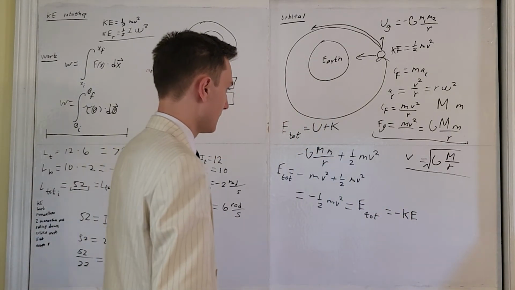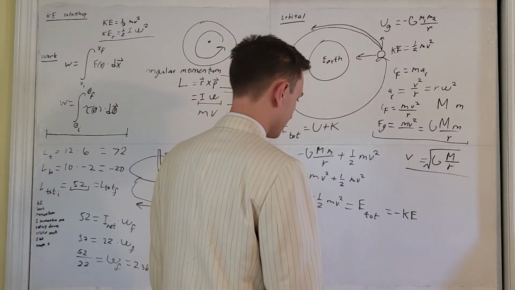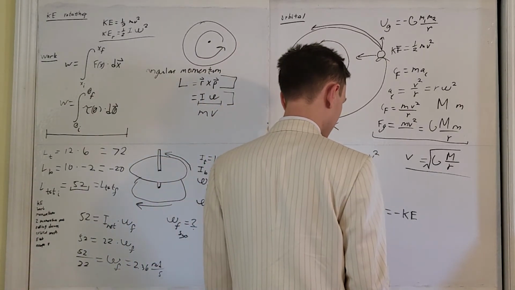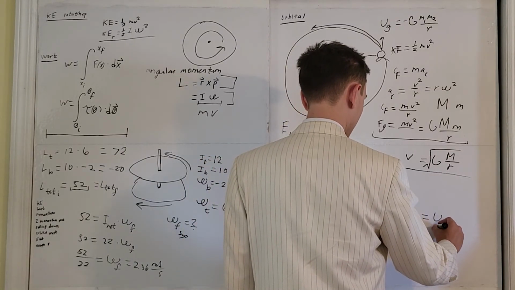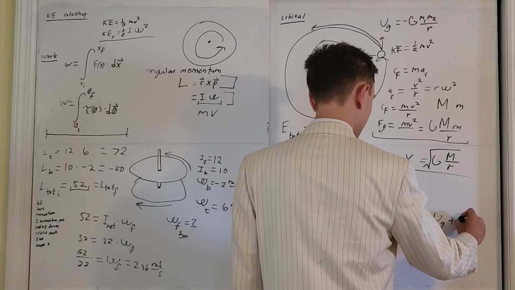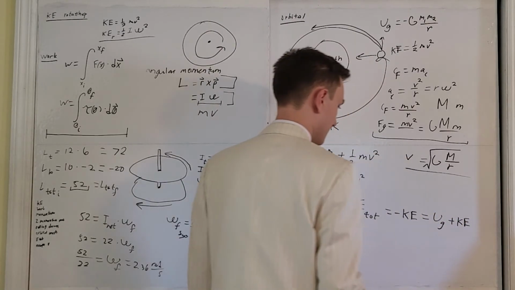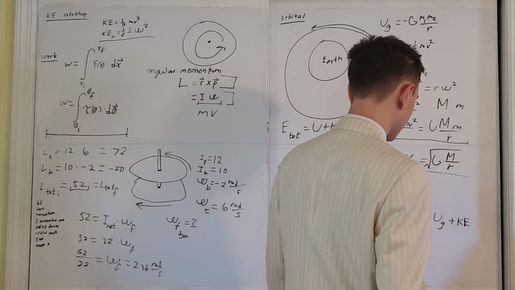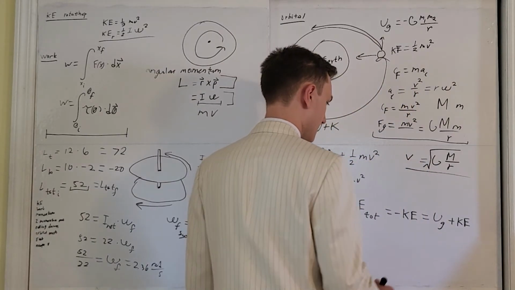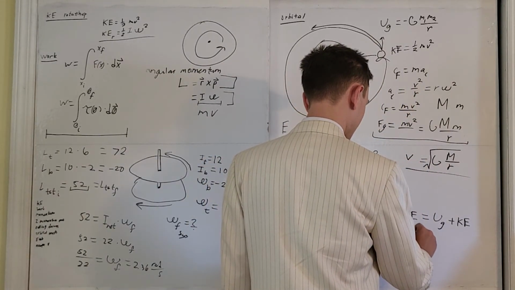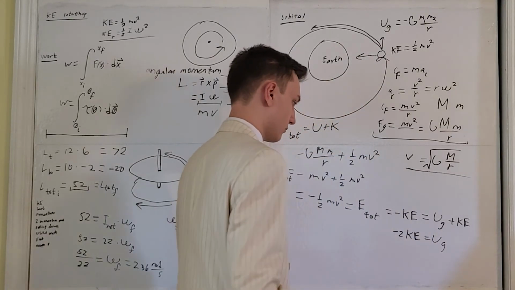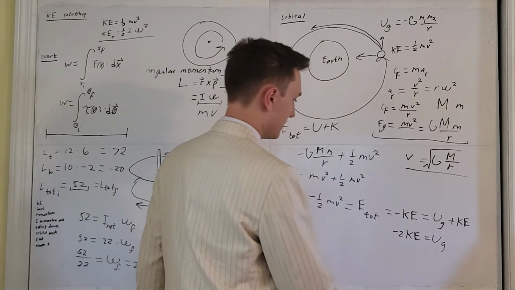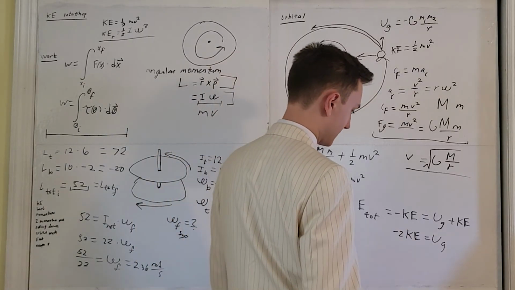And that also means that if the total energy in my system is equal to negative KE, and that equals the gravitational potential energy plus the kinetic energy, then if I subtract kinetic energy from both sides, I'd get that negative 2 KE equals U sub G. That my gravitational potential energy is always the negative of twice my kinetic energy.